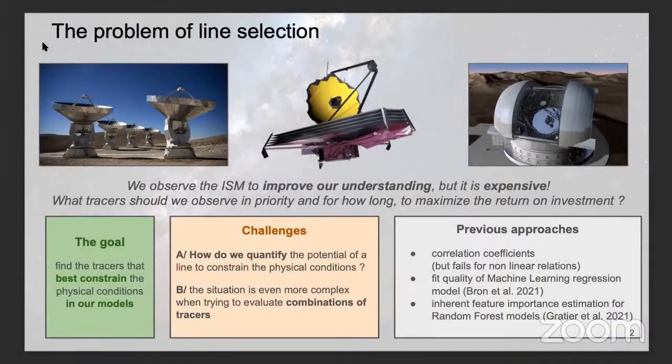So the problem that we chose to tackle is the question of line selection or feature tracer selection when designing observation proposals. When designing a proposal for observations, one has to make choices in terms of which tracers to go for, either in terms of which spectral setting to choose with the telescope or which telescope to choose, but also in terms of how much integration time you need to go after different tracers.